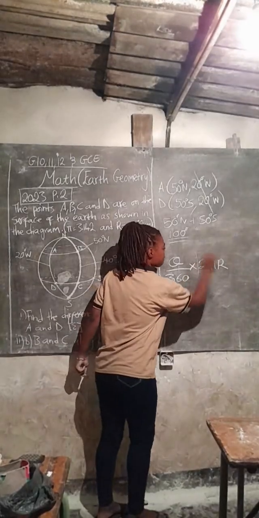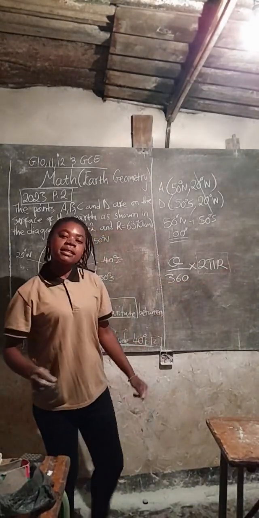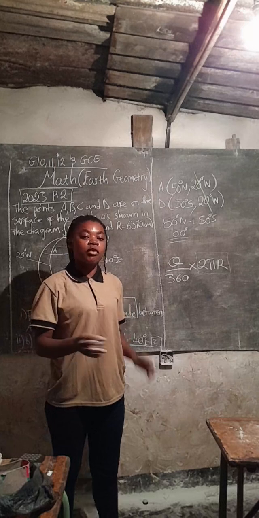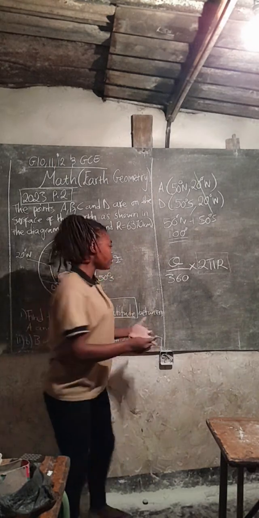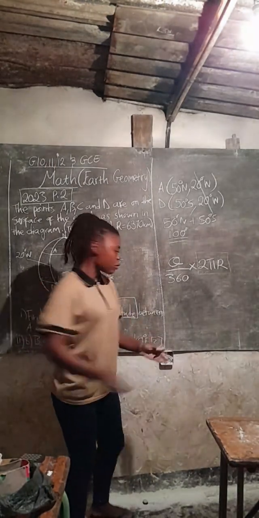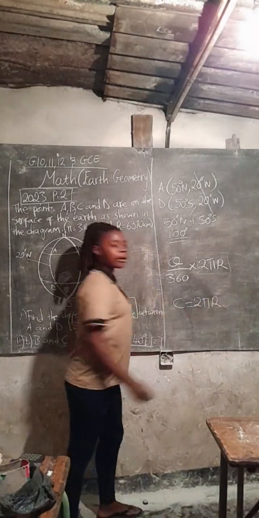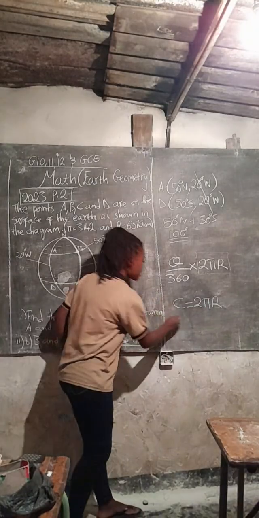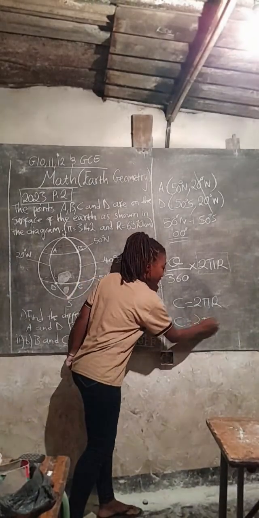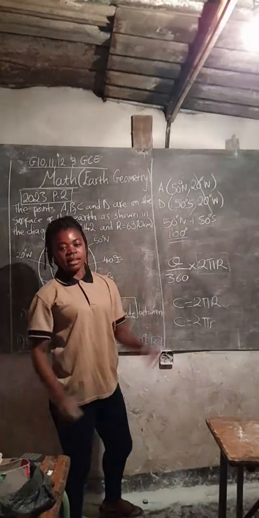When you look at this, that is the formula for the circumference of the circle. And which circumference? The great circle. So the circumference of the great circle is what? 2 pi capital letter R. The circumference of the small circle is 2 pi small letter r, and the cos theta that side.